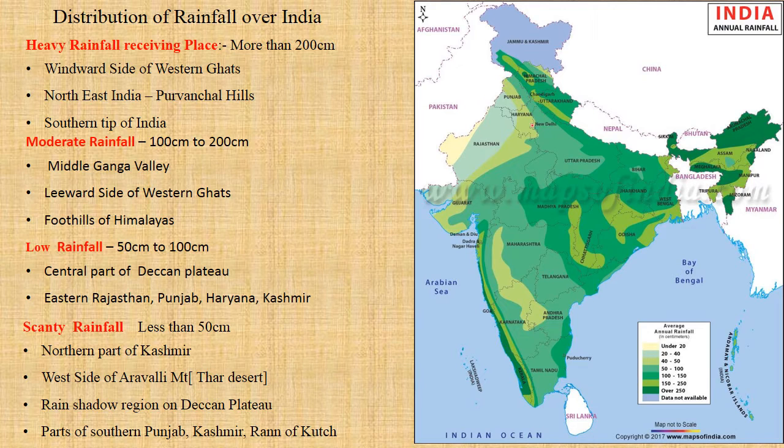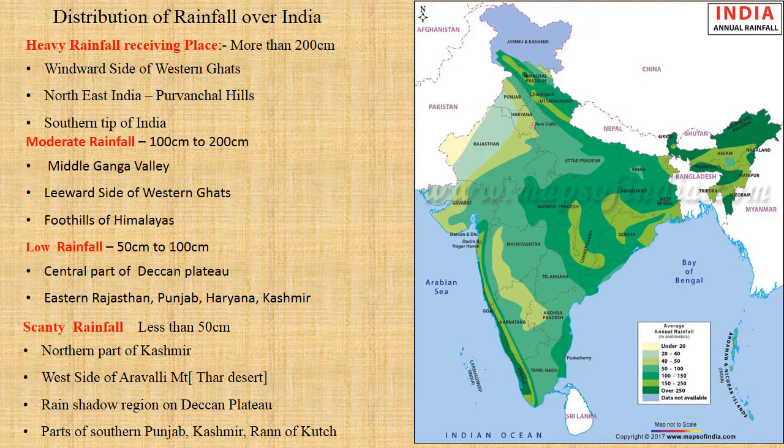Let's see the first example. Heavy rainfall receiving places, that means the windward side of the mountains, receive heavy rainfall of more than 200 centimeters. If you look at the map, the dark bottle green color is used to show rainfall above 250 centimeters.